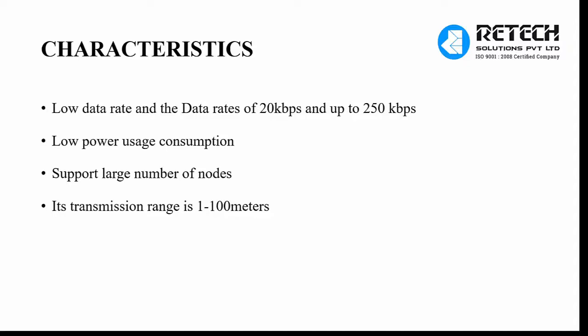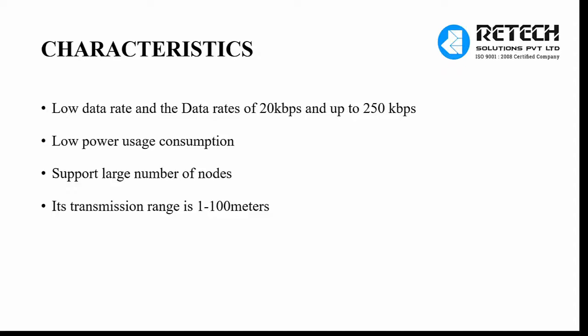If you want low data rates of 20 kbps up to 250 kbps with low power consumption, Zigbee will be best for your things. Okay, and low power usage consumption is also a specification.